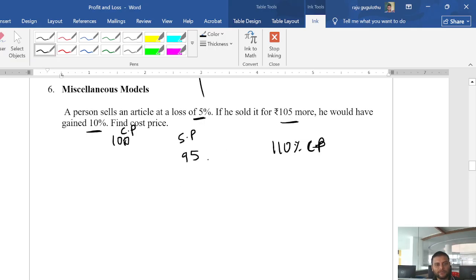The question says 95 percentage of CP is the selling price of the article.